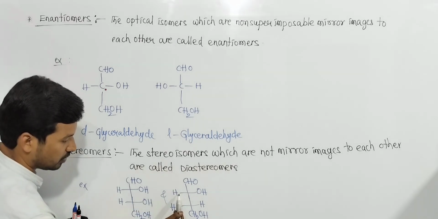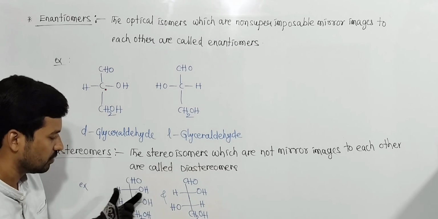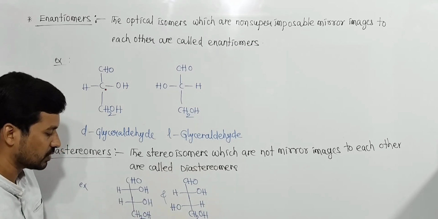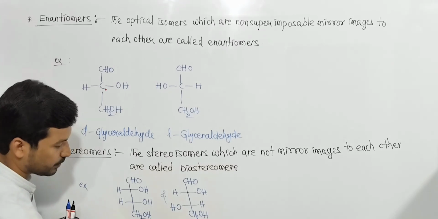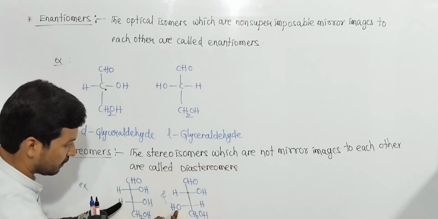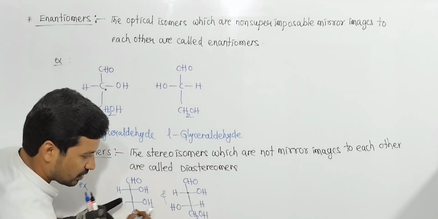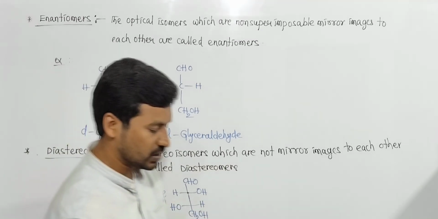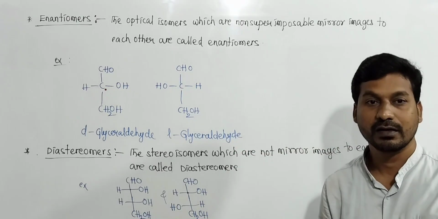Right here, okay, right here. These two are not mirror images. At this point, bottom is bottom, top is top. Here right becomes left, here left becomes right. But here right becomes right only. That means these are not mirror images. They are said to be what? Diastereomers.